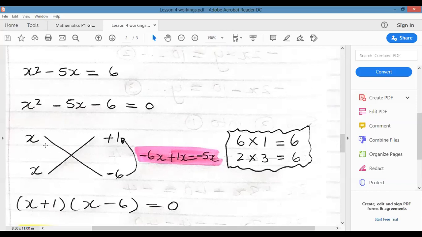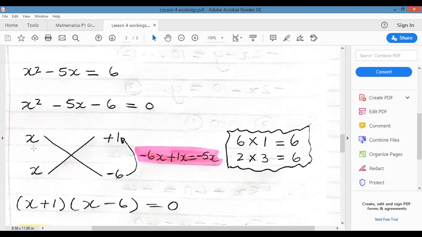So I have to say x multiplied by negative 6, then here it will be x times 1. So negative 6x plus 1x gives me negative 5x. This is the middle term, which means these factors do work out.